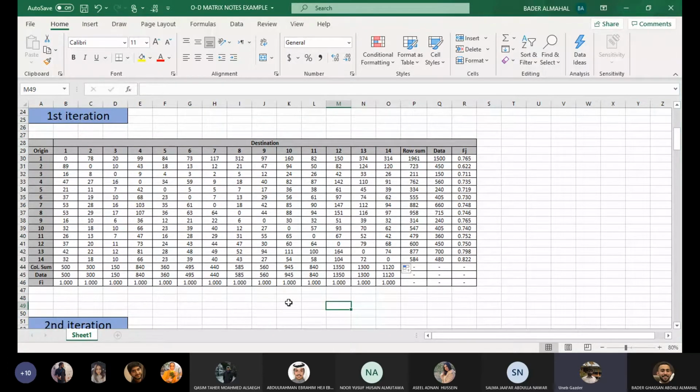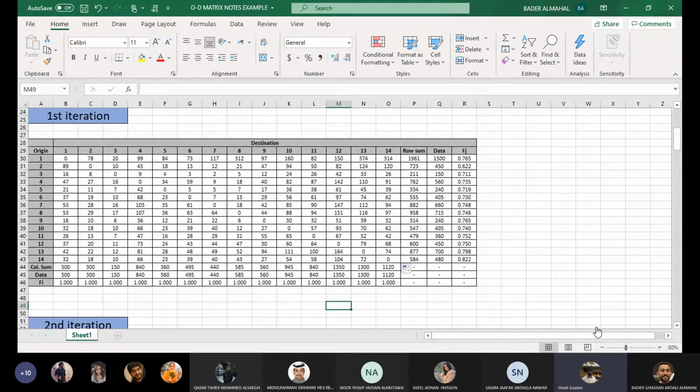Okay. So I just wanted to explain the procedure. If you have any questions, these are the values. After the first iteration, your matrix will look like this. And then for the next one you will use these factors. Obviously if you use the column factors, all of them are 1, so they will not have any effect.